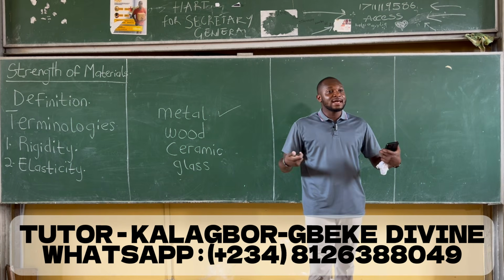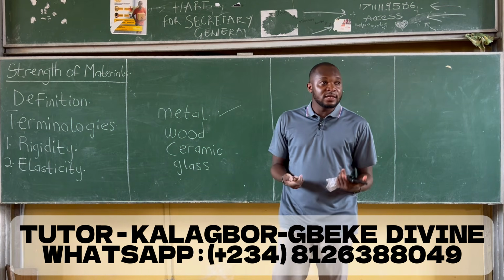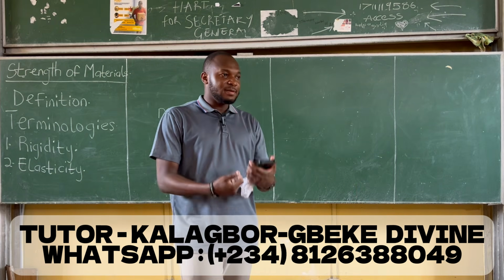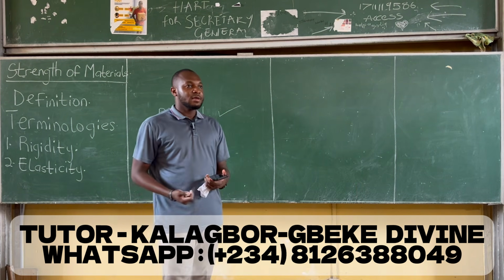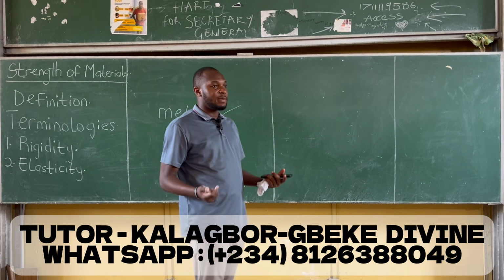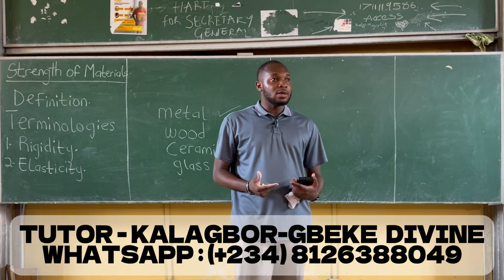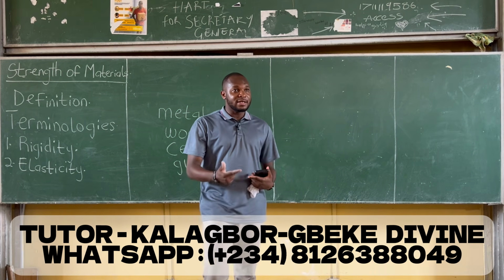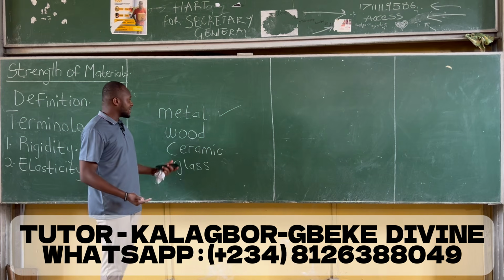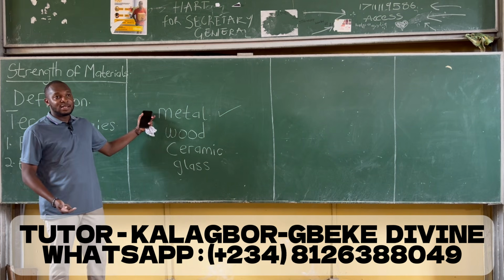We have some materials that are not elastic, like your breakable plate. There's no way you can drag it, it's very fragile. So we have elastic materials and non-elastic materials. Remember, this course is about materials, different materials like wood, glass, and the rest. Now, this material, metal, is it elastic or not?